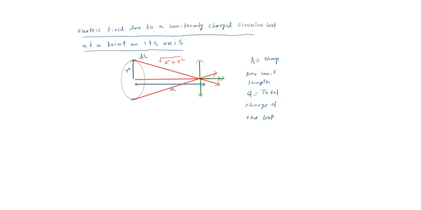If we name this angle theta, the angle made by the line with the axis, then only the cos theta component of the electric field will remain, because these angles are all the same theta. The sin theta component will cancel out.